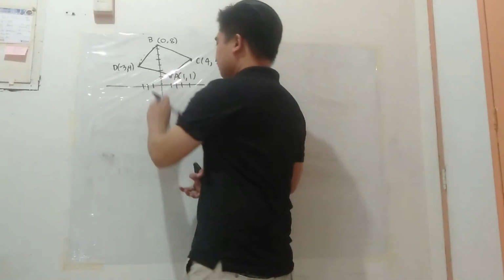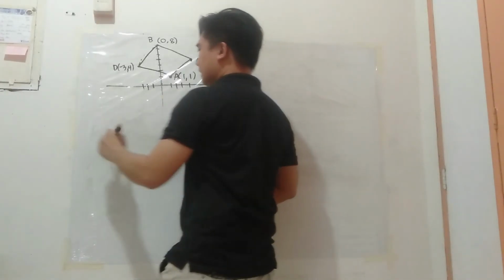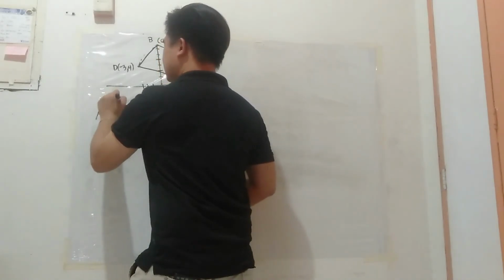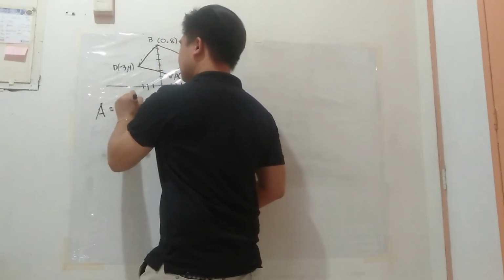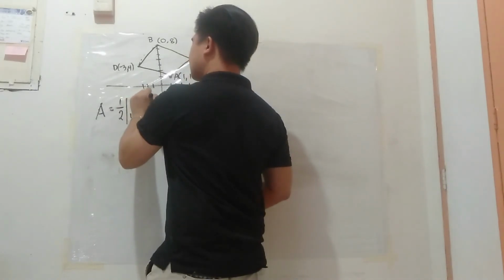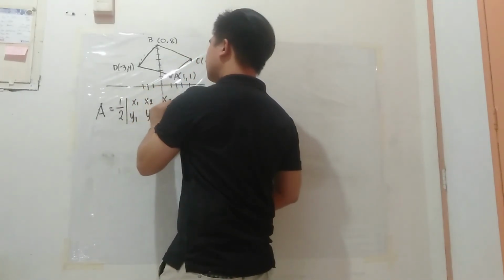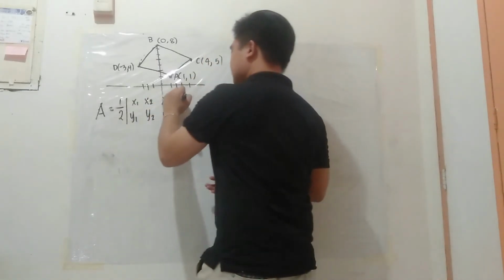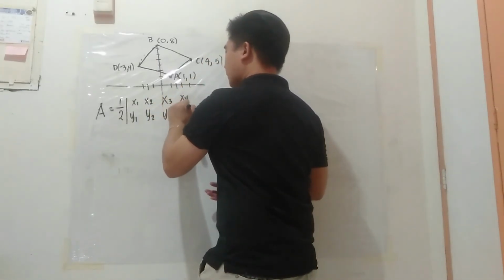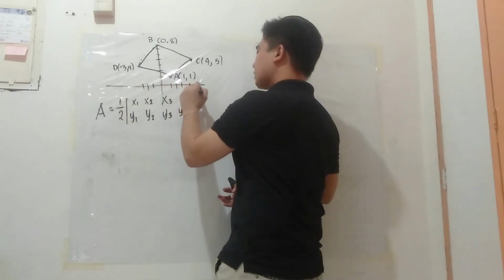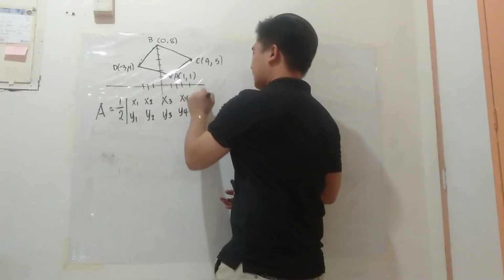Okay, so pag ipapakuha lang sa atin yung area, diba, general formula is equal to 1/2 x1, y1, x2, y2, x3, y3. And then dahil 4 sides, edi x4, y4, and then copy mo yung first column, x1, y1.